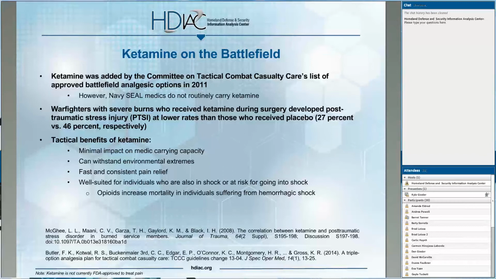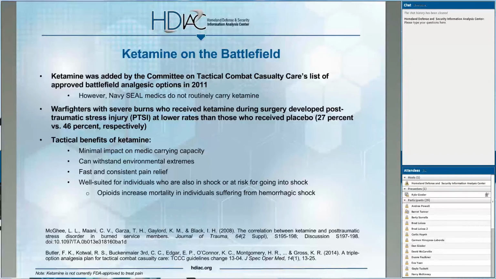One particular study evaluated the effects of ketamine on warfighters who sustained severe burns and found that those that received ketamine were at a lower risk of developing PTSD, or PTSI here, versus the placebo group.